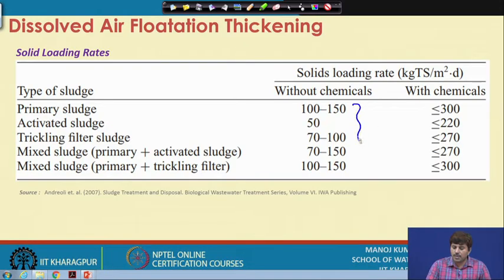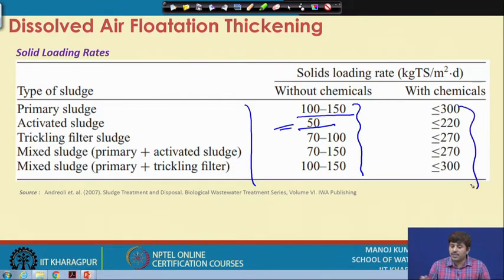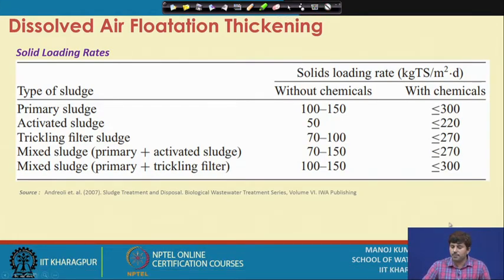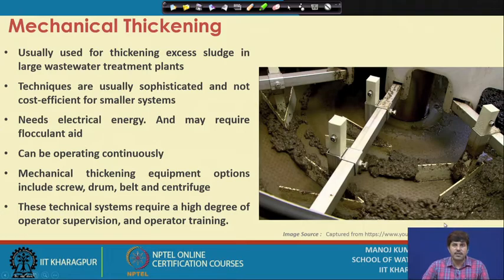Without chemical addition, for different types of sludge, it would be like for primary sludge 100 to 150, for activated sludge it is 50, but it is more suited for the activated sludge. With chemicals we can increase the loading rate substantially. So, the flocculant or these chemical additions make the process much more effective.